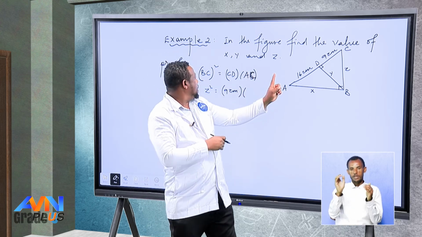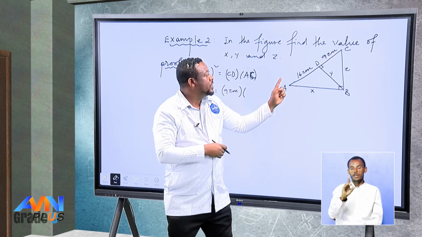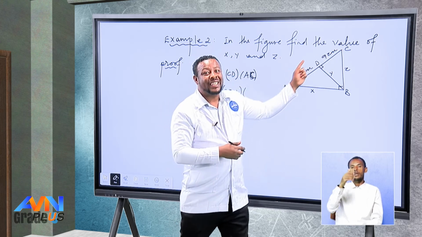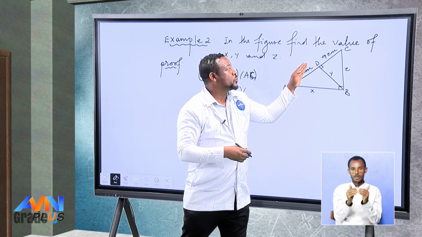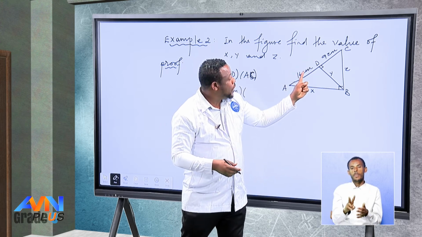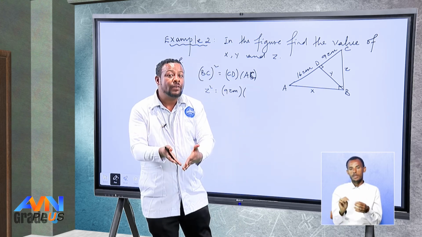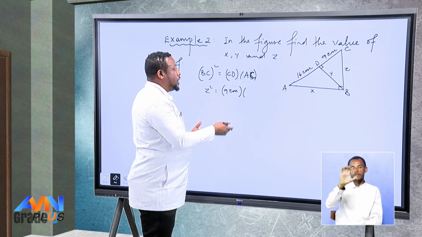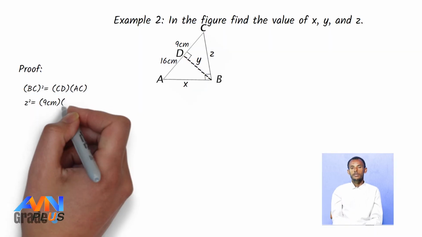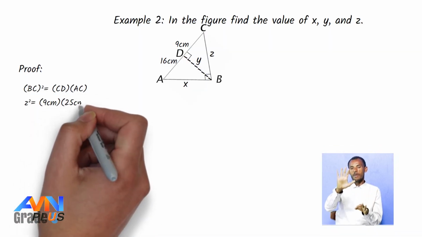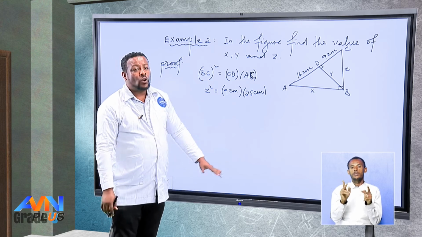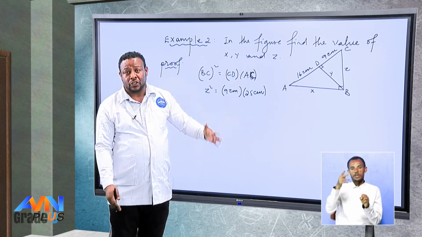So CD is 9 centimeter and AC or CA is the sum of these two segments. So whenever you add 16 centimeter and 9 centimeter, it gives you 25 centimeter. So in place of AC, you can substitute 25 centimeter. Okay, so Z square is the product of these two.